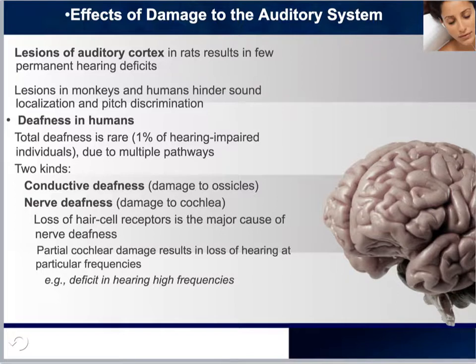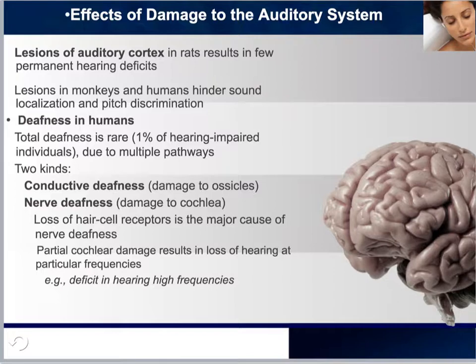Through these lesions that have been inferred in non-humans, mostly in rats, we see that there are very few permanent hearing deficits. The lesions that have also been done in monkeys and in humans hinder sound localization and pitch discrimination only, but not in their entirety.